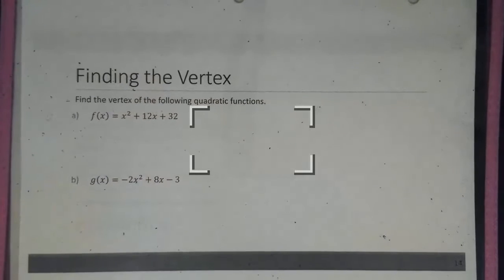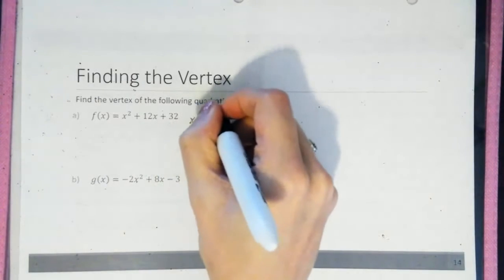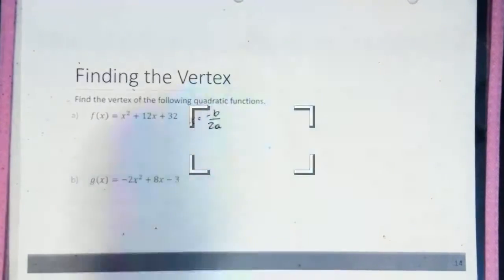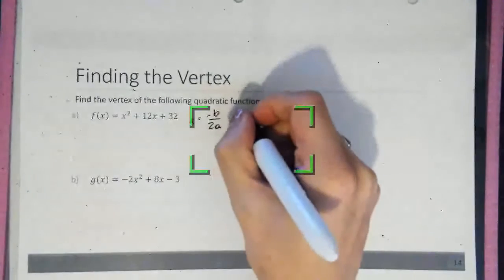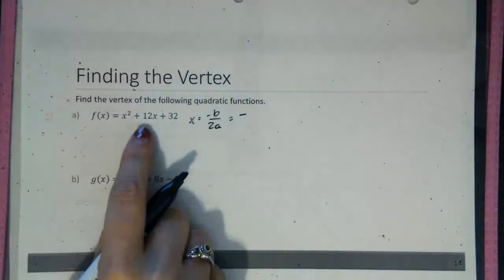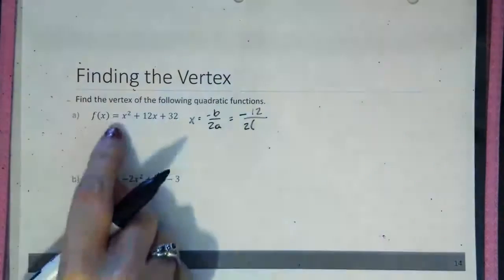So first up, we have f of x equals x squared plus 12x plus 32. We know that the x value is at negative b over 2a. So in this case, that will be negative, my b value is the coefficient on x, so that's a 12, over 2 times my a value.